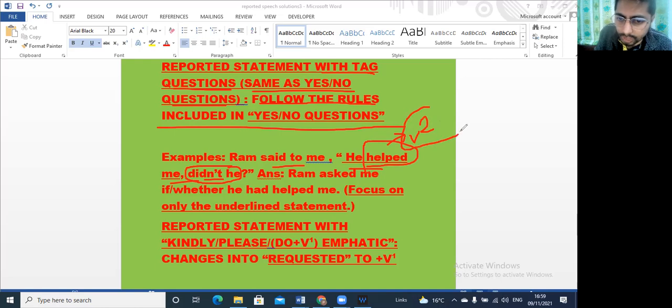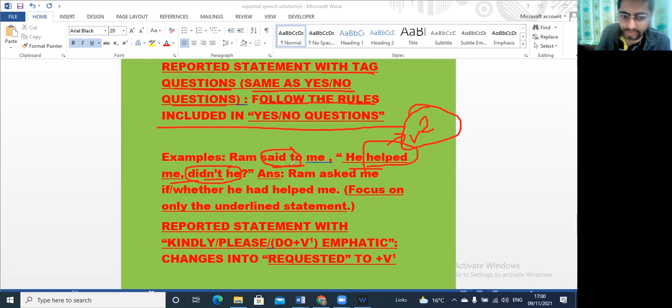Helped is verb two, so verb two here represents simple past. So what is the indirect form of simple past? Change of tense: simple past is changed into past perfect, had plus verb 3. Verb 2 changed into had plus verb 3. Okay, so Ram asked me.